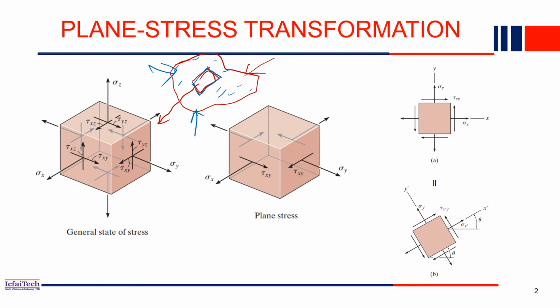Now this small cube, I cut it from this body and enlarged it here. As I have taken a section, I have exposed all the internal forces. Each face of the cube has three forces. What are the three forces? One is the normal force, which is normal to the plane.